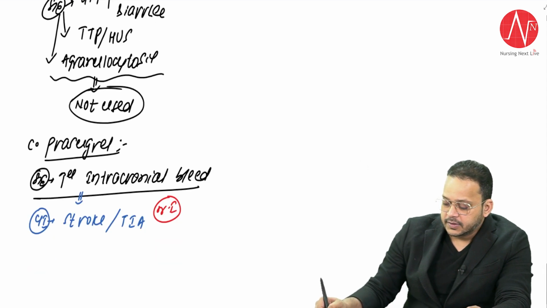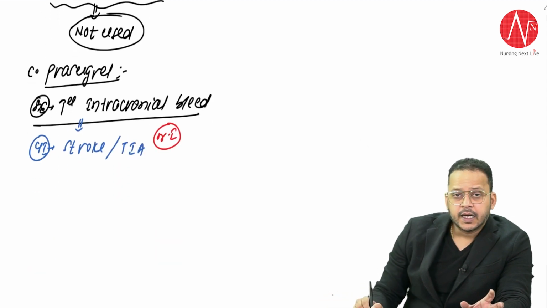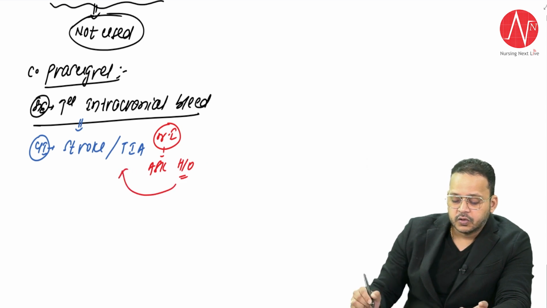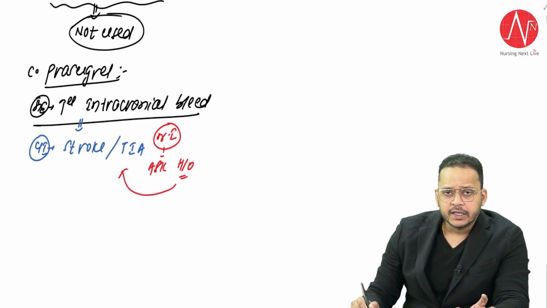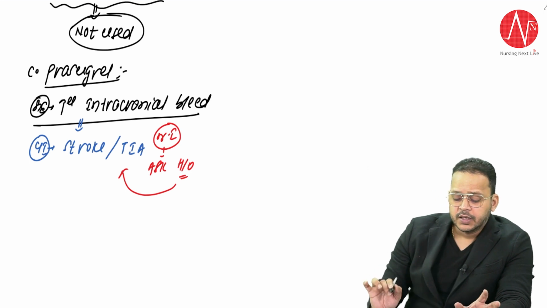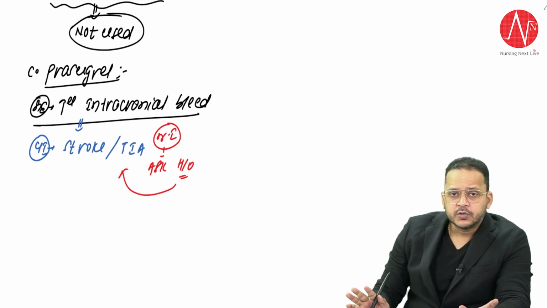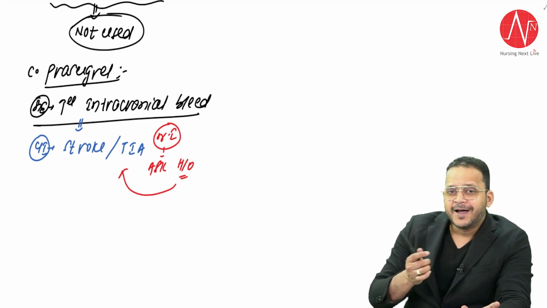This is an important nursing implication, right? So you have to ask the patient about history of stroke or transient ischemic attack. In that case, prasugrel should not be used. Which means what? Brain is gone. If brain is gone, I cannot use prasugrel in brain. Only organ left is heart, isn't it?